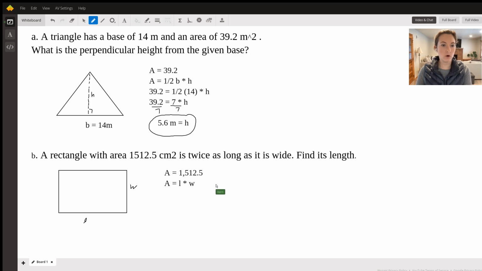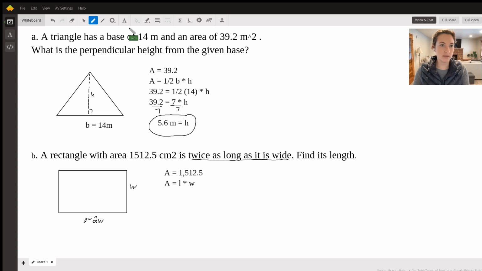Okay, I also know it says in my problem that it is twice as long as it is wide. So that means my length is equivalent to 2 times the width. So I'm going to use that variable instead.